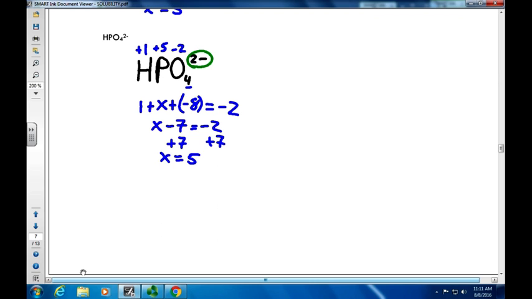Oxygen usually will have a -2 charge unless it's a peroxide or superoxide. And then your group 1 and group 2 elements will have an oxidation state that is the same as their charge, which is +1 for group 1, +2 for group 2. There are several other rules for assigning oxidation states, and you can find them in my PowerPoint presentation for this chapter.